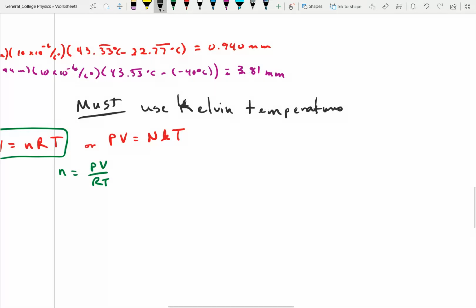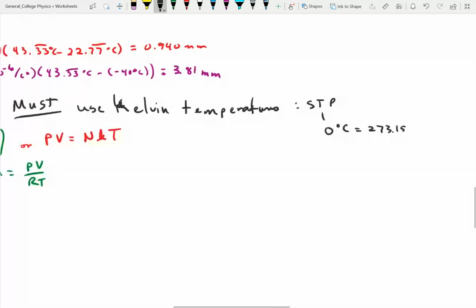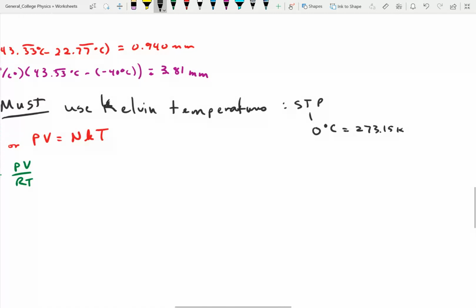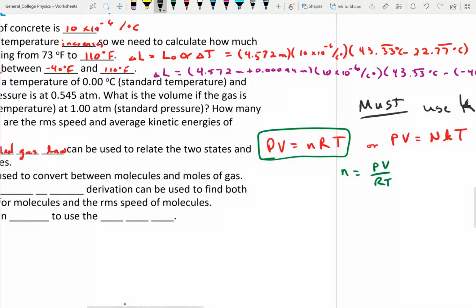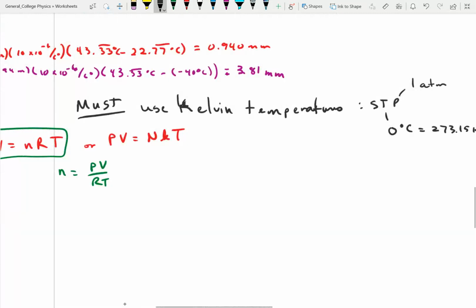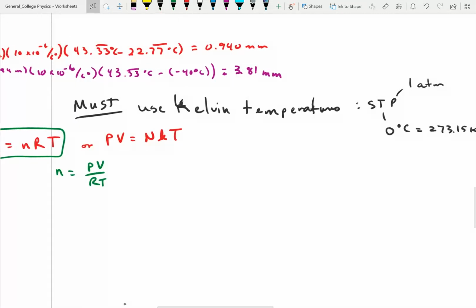So standard temperature is 0 degrees Celsius or 273.15 Kelvin. Standard pressure, as we'll use later in this problem, is 1 atmosphere. And we start this problem at standard temperature of 0 degrees Celsius or 273.15 kelvins.